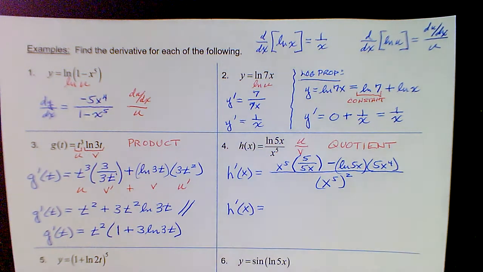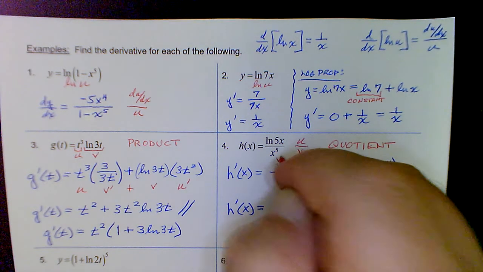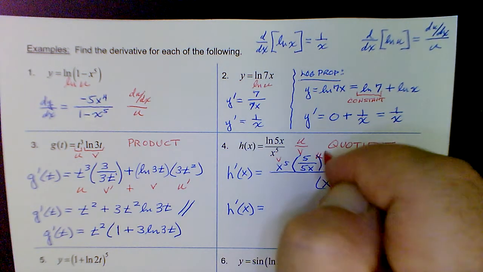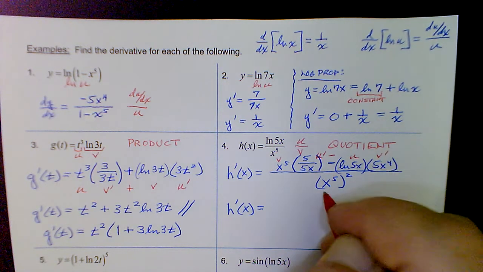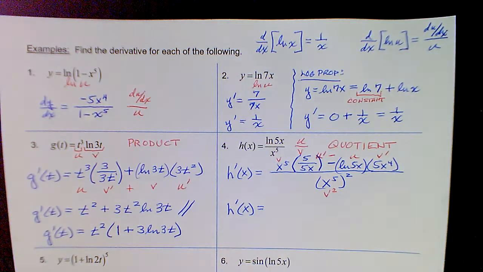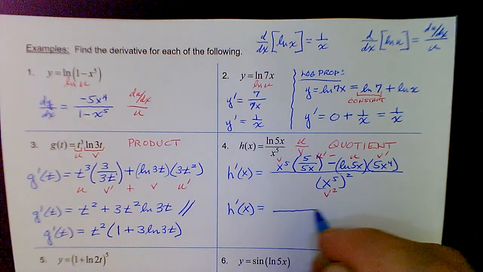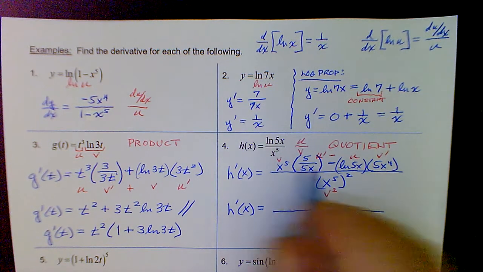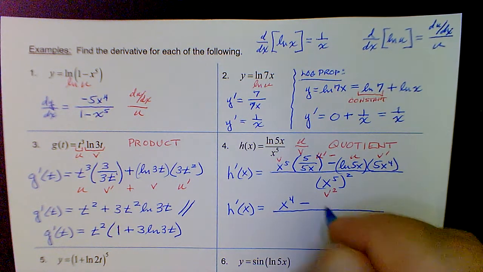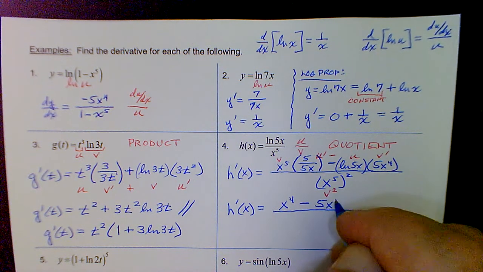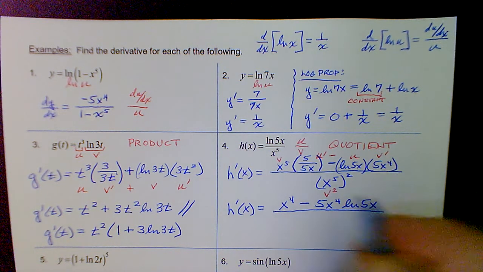With regards to the quotient rule, here's your v, this is our u prime, minus u v prime, all over v squared. Making it look a little bit better, we can cancel the 5's, and cancel an x, we get x to the 4th, and then minus, bring the 5x to the 4th out in front of the natural log of 5x, and that's all over x to the 5th.